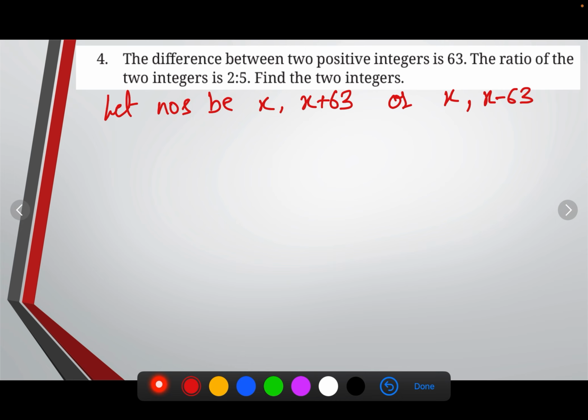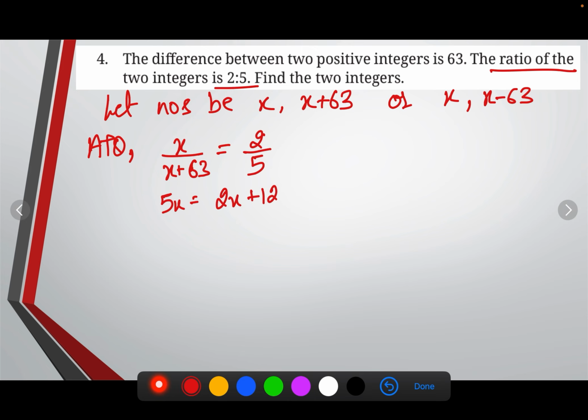Now, the other point is the ratio of the two integers is 2:5. So what does my ATQ become? x upon x plus 63. I am taking the plus one, you may take both ways, right? Cross multiply. 5x is equal to 2x plus 126. 3x is equal to 126.